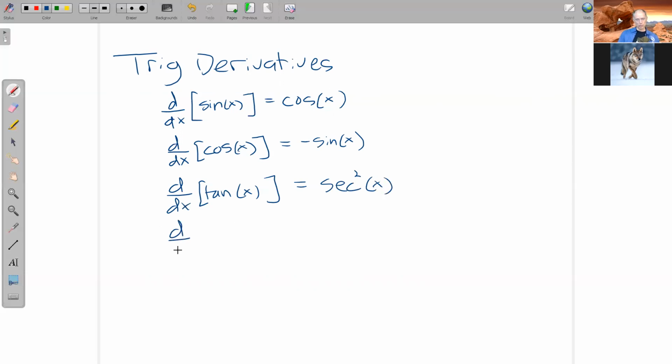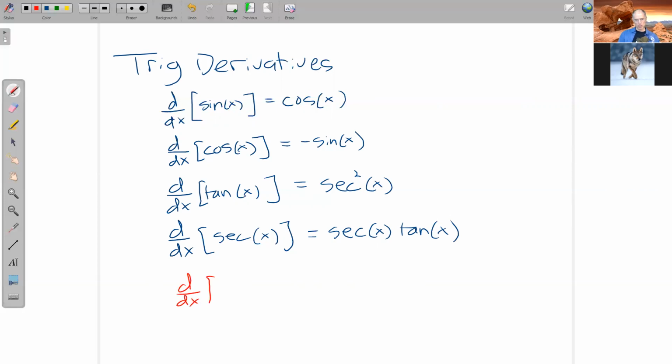Now we have the derivative of the secant is the secant times the tangent. So we just need 2 more to finish this up.